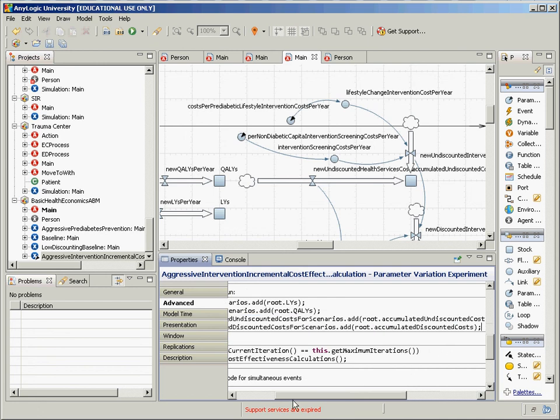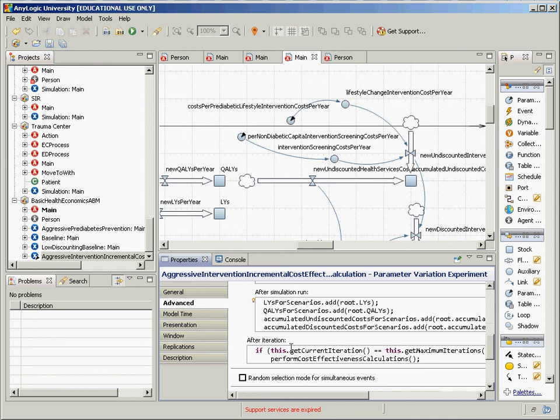And then if we've run the final scenario, in this case it's just scenario 1 and then 2, we perform a cost effectiveness calculation that considers the qualities of the first scenario and the qualities of the second scenario, and takes the difference between the two, and some of the costs. So this is an example of a model that uses system dynamics and uses agent-based modeling, but in a rather different configuration than the last one we saw.